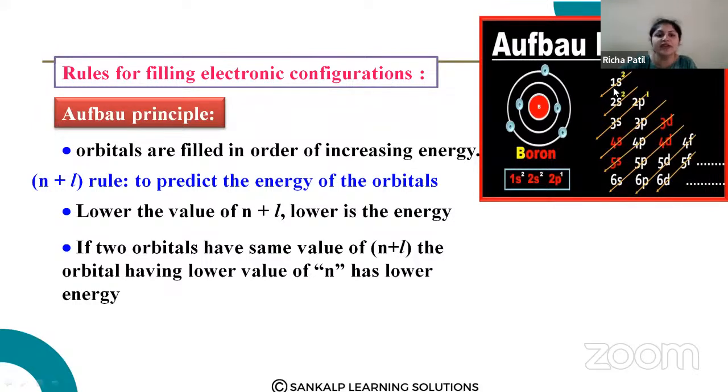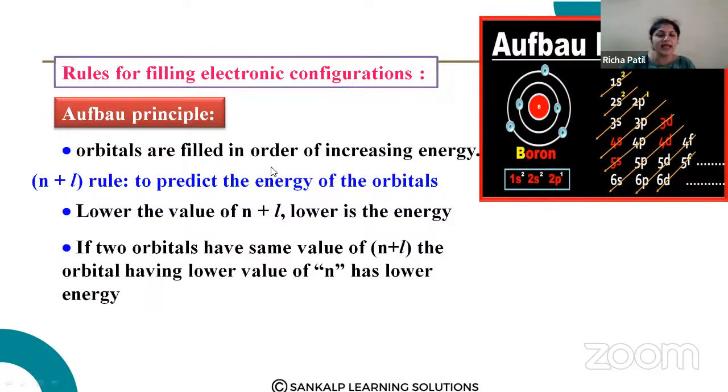Now here, how does the filling up of electrons take place? First, the electron will enter the 1s orbital. Then the electrons will go to 2s, followed by 2p, 3s, then 3p, 4s, 3d, 4p, 5s, and so on. So the orbitals are filled in the order of their increasing energy.